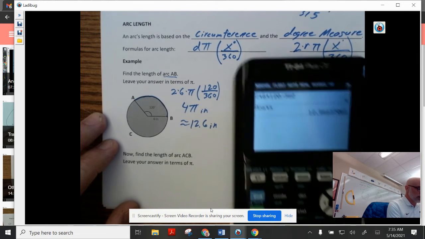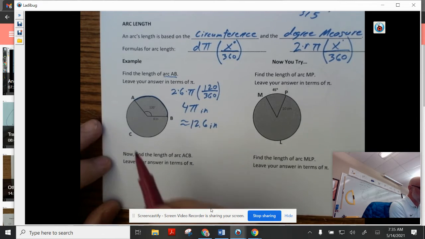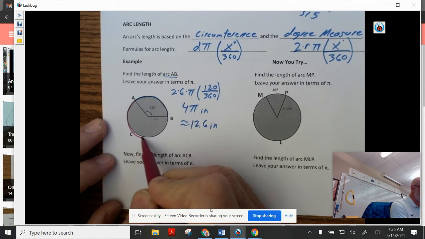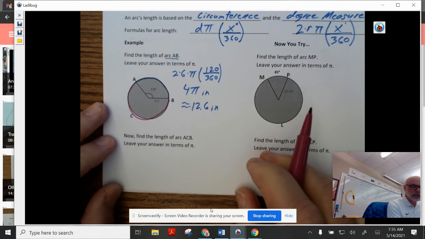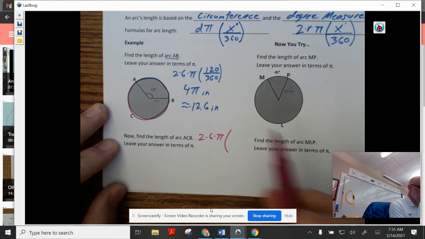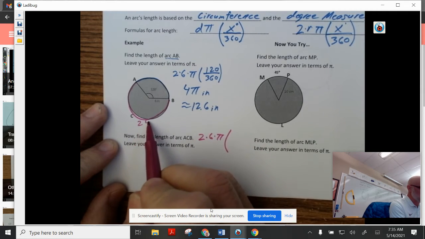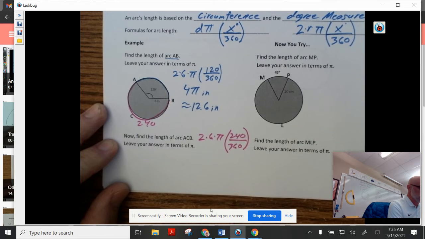Okay, so to find the length of the other arc, go in the other direction. Arc ACB would be 2 times 6 times pi. Now, how many degrees is this? This is 240. So it's 240 out of 360.